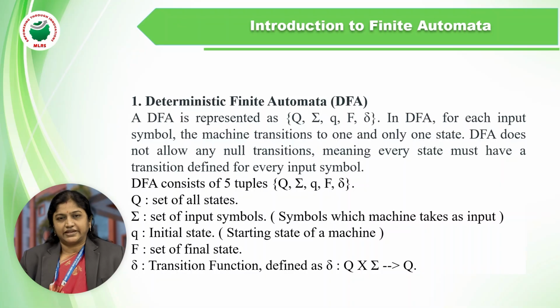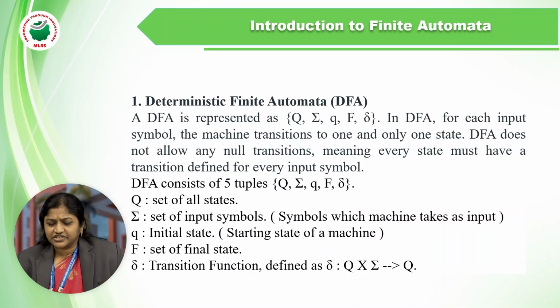So DFA we'll study first now, which is represented by 5 tuples, that is Q, sigma, small q, capital F, and the transition function. So for each input symbol, the machine transitions to one and only one state. From one state with one input symbol, it reaches only one state. So DFA does not allow any null transitions.